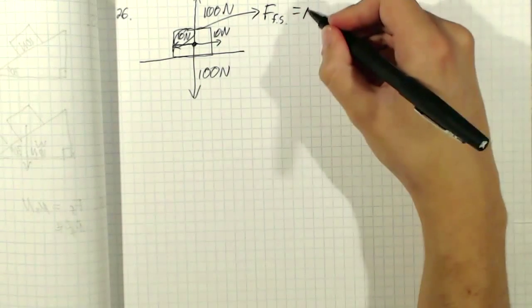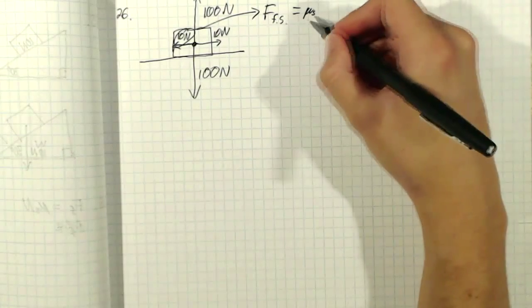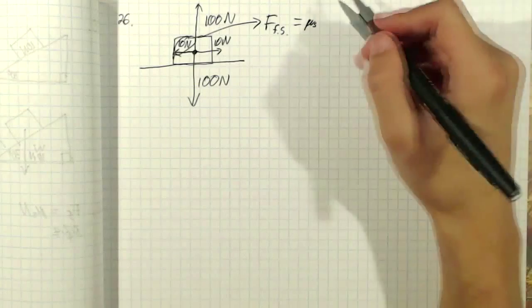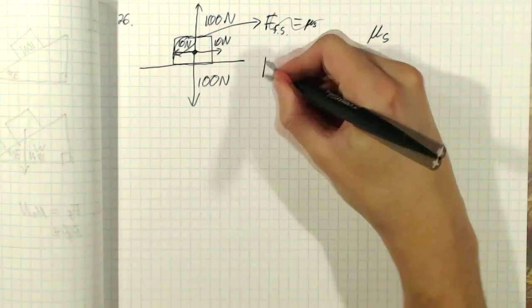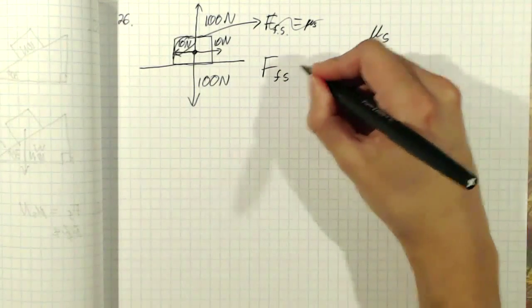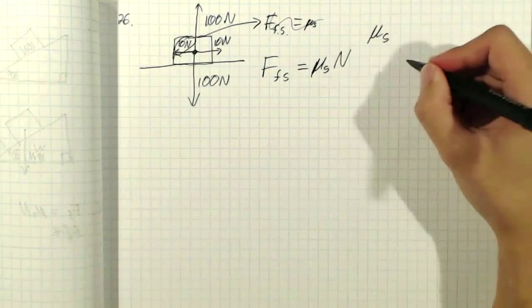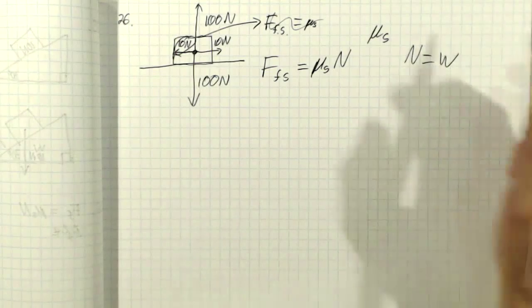So our force of static friction is equal to our coefficient of static friction, which is denoted mu sub s. I should probably draw this bigger. So our force of static friction is equal to mu sub s times our normal force, and our normal force is just the same as our weight.